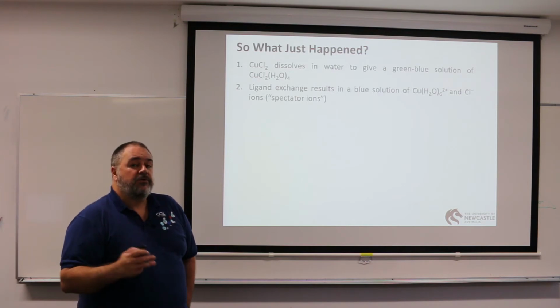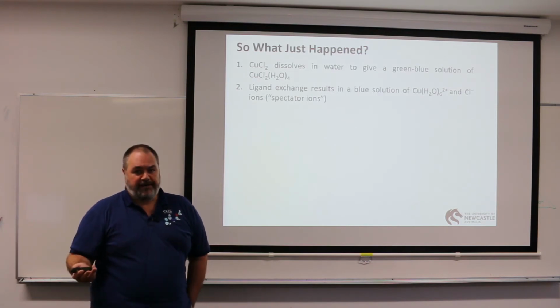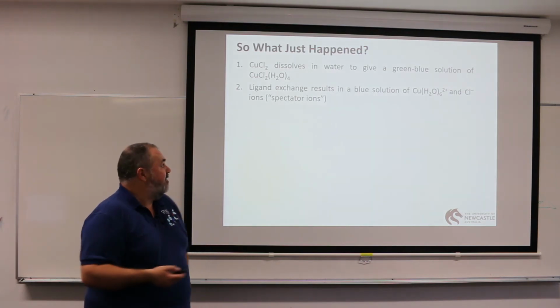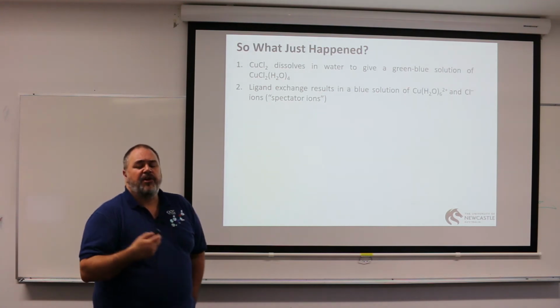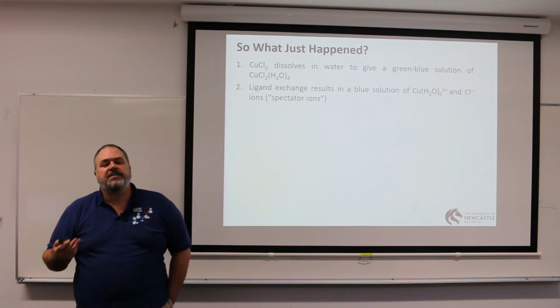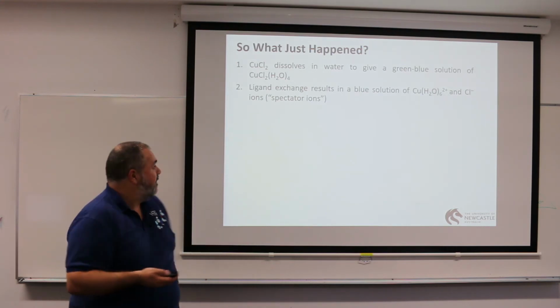Now we have a copper hexaaqua ion, and the chloride ions floating around in solution take no further part in the reaction. They are simply spectator ions.